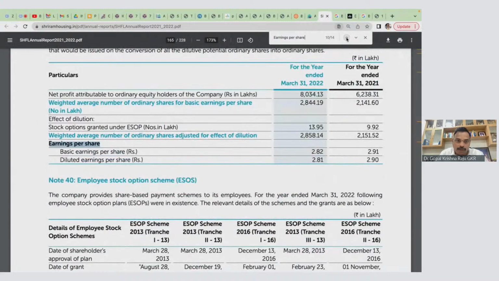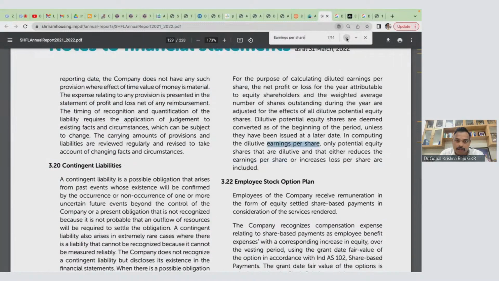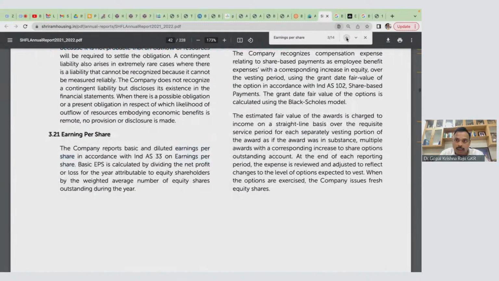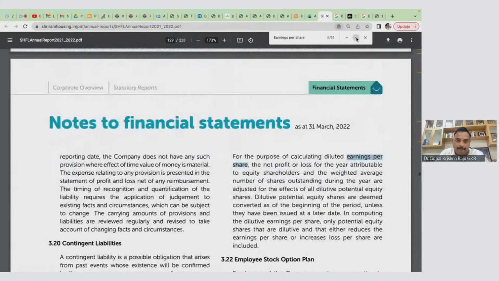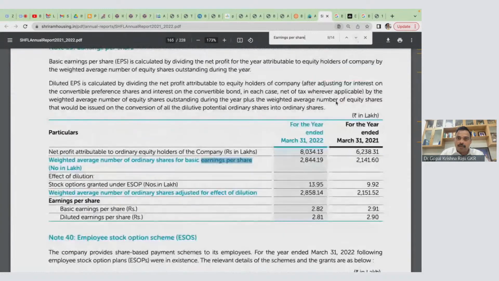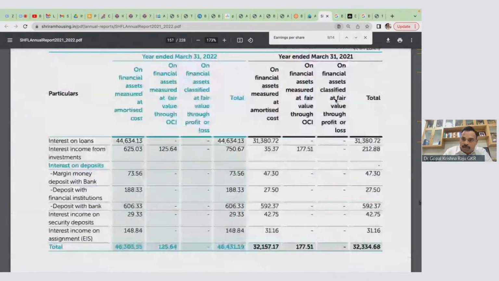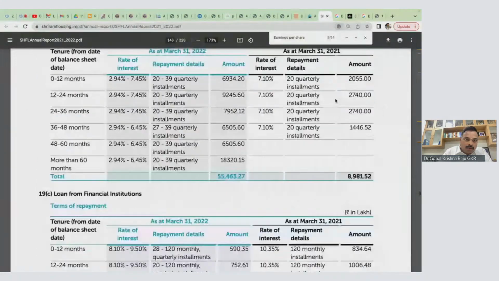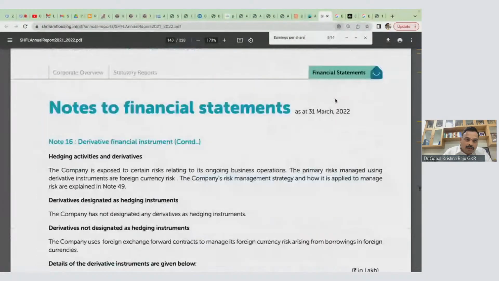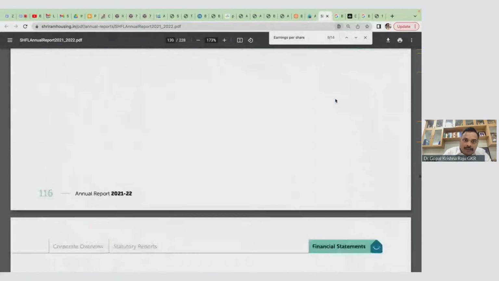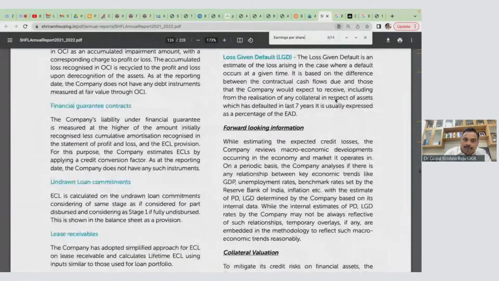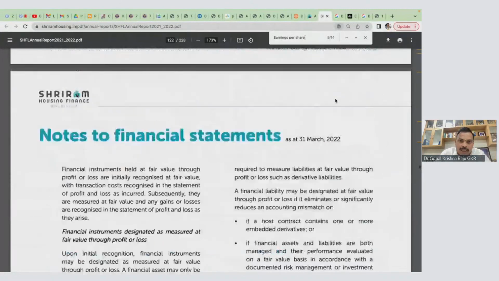Look at this EPS. I think I'll take you to the P&L account, your profit and loss. In the P&L, please look at two lines. Both are not same. That is why I'm bringing it to your kind attention.